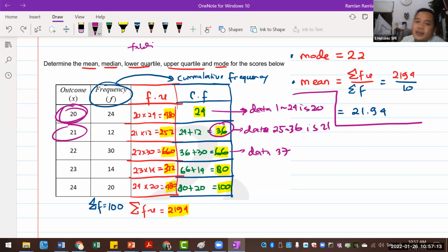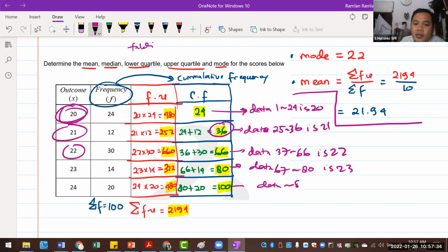Data number 37 until 66 is 22. And we have another one, data number 67 because we end up with 66. So data number 67 until 80 is 23. And the last one is data number 81. Data number 81 until 100 is 24.